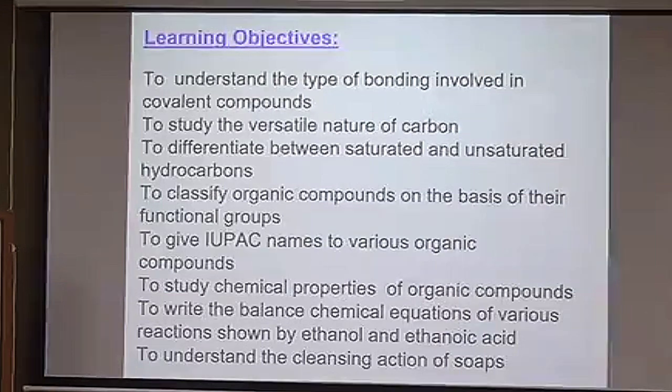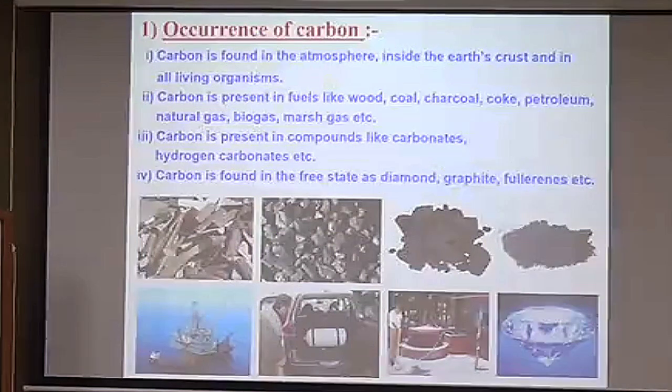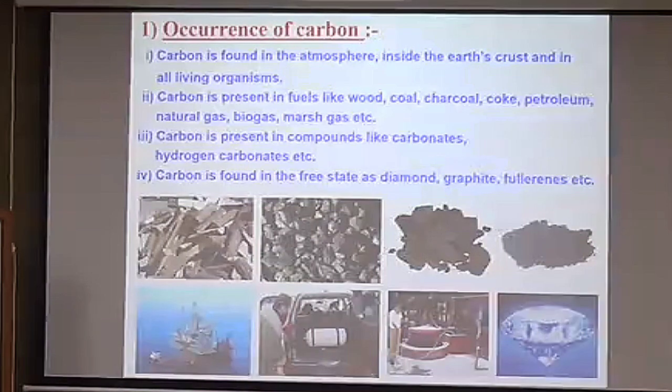First, let us know the occurrence of carbon. We write the symbol as C, its atomic number is 6 and its atomic mass is 12. So its electronic configuration is 2, 4. Though it is very meager in the earth's crust, the percentage is very, very low, it is present as diamond and graphite.